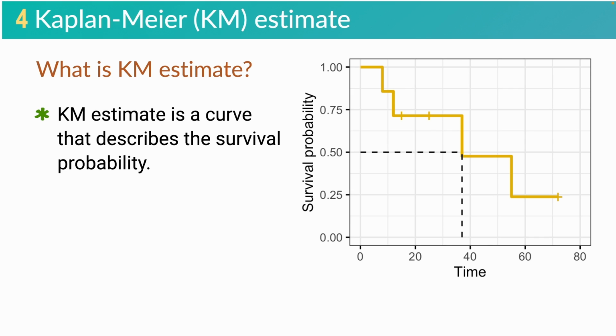So, what is the Kaplan-Meier or KM estimate? The KM estimate is a curve that describes the survival probability versus time. These curves can help us easily see the survival probability of a patient group or different patient groups.